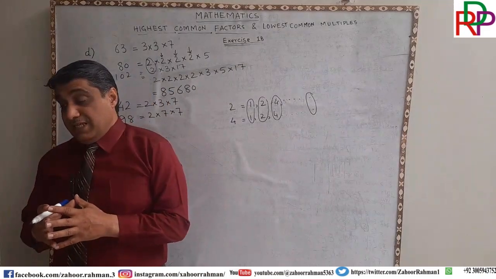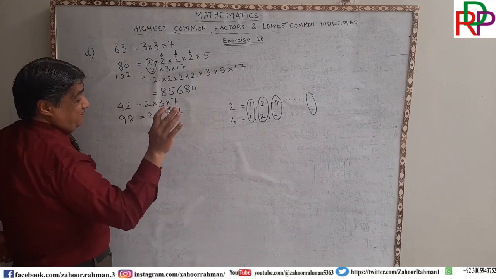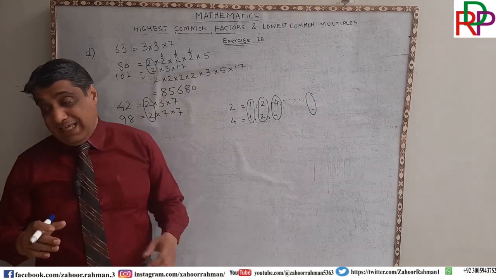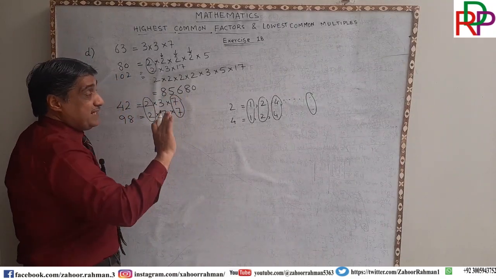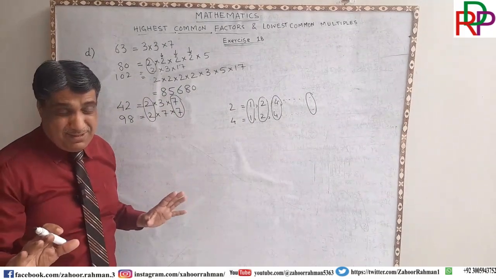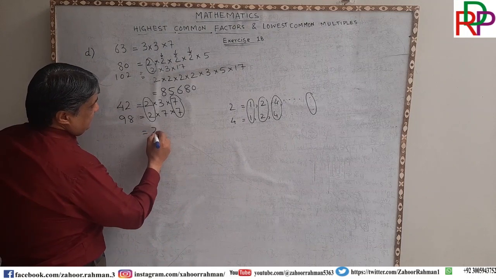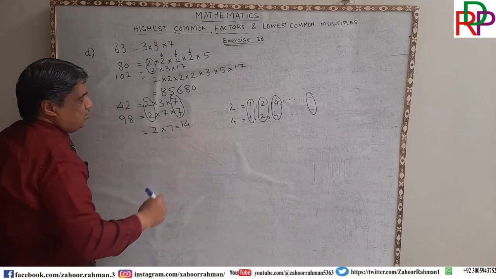Then we have to take the common ones. In HCF we have to take the common factors only, and that is 2 and 7. Non-common factors are taken in the LCM, but not in the HCF. So 2 into 7 is equal to 14.